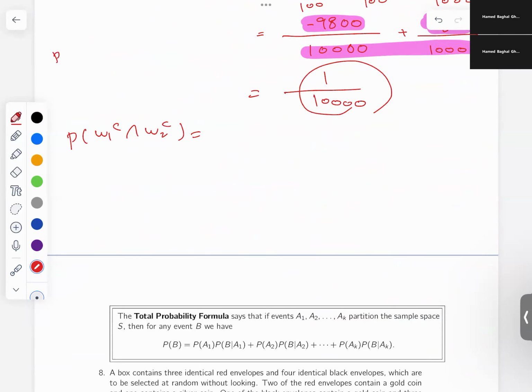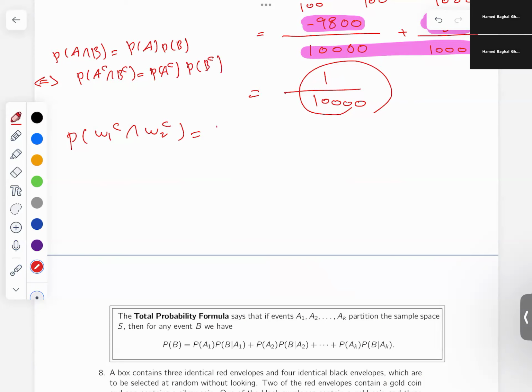If A and B are independent, it is possible to prove that the probability of A complement intersection B complement is the same as A complement times B complement.